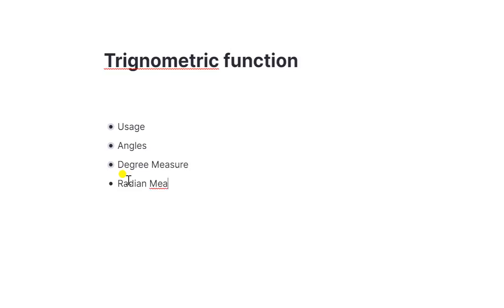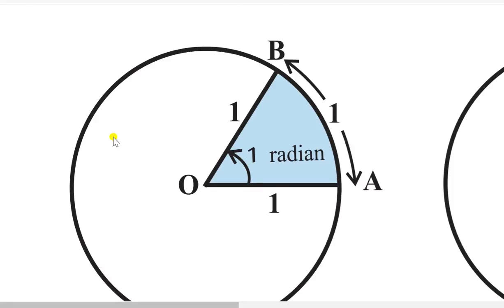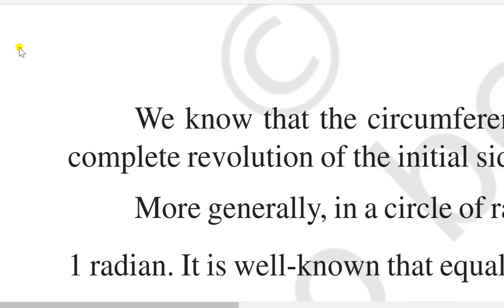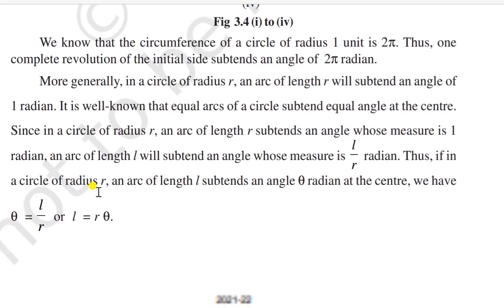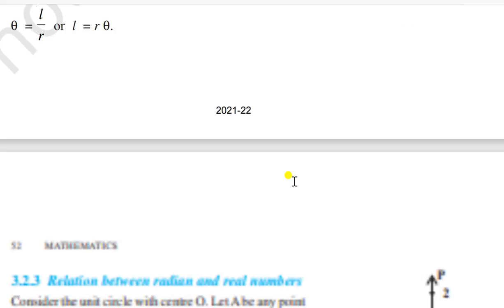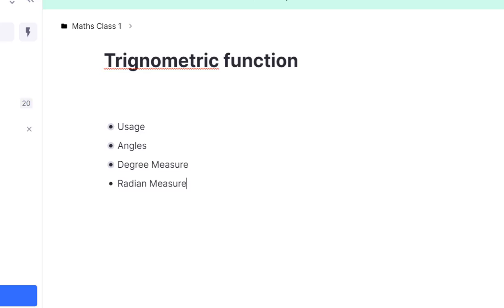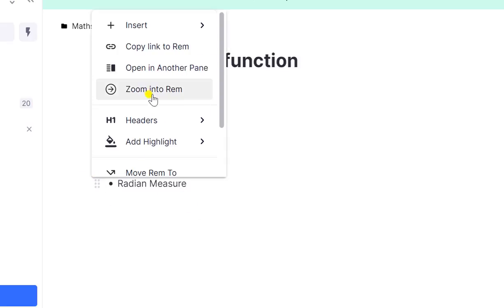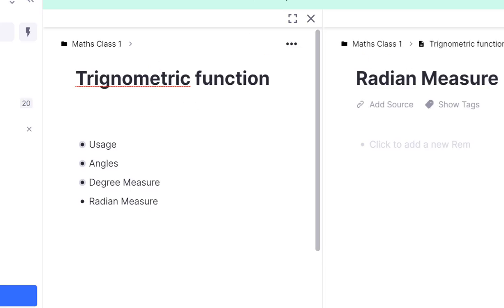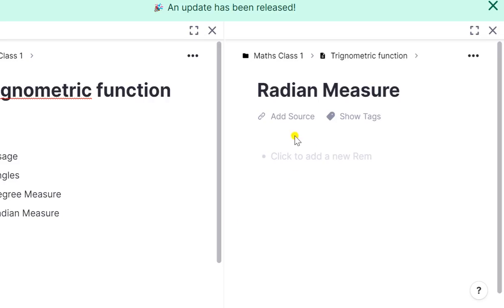It's said here also. We'll read further. So a radian is basically, okay, it's not given. So a radian is arc length by radius.